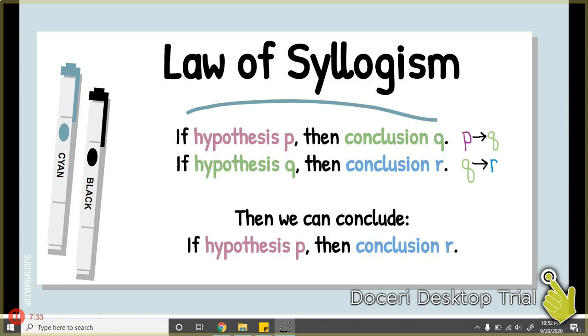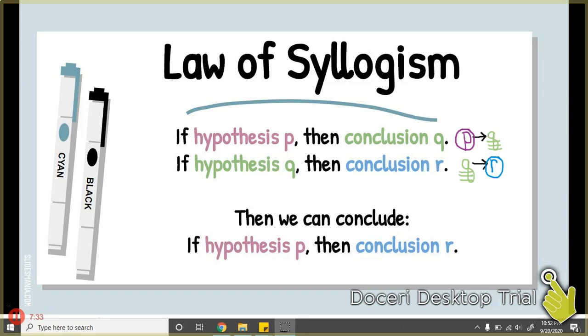Since the hypothesis of the second statement started with the conclusion of the first statement, I am able to jump and say that if P, then R is also true.